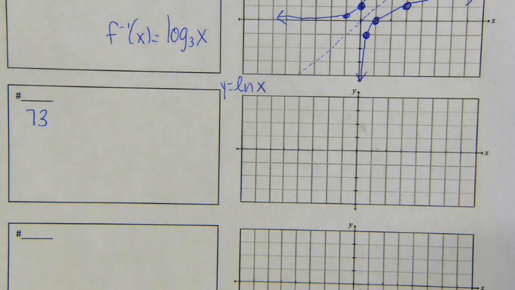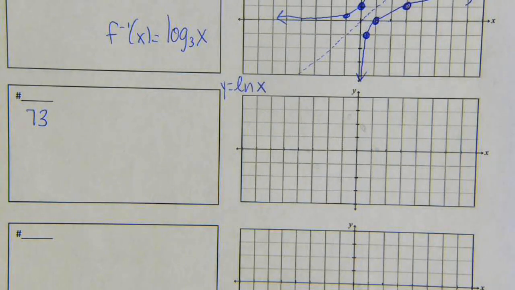So if we know what y equals ln x is, we could just shift them to the left. Now you are welcome, like I said, to use your calculator to graph y equals ln x. That one you could put right in there. You're welcome to do that whenever possible, but I'm going to do this the way that I had to do it in high school.